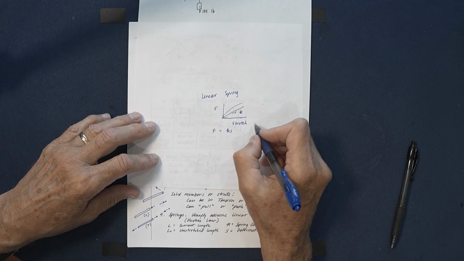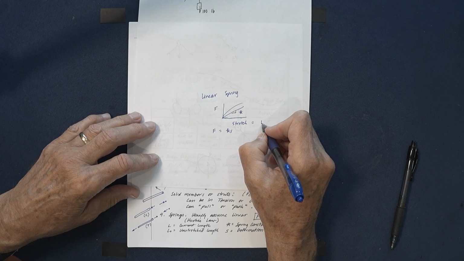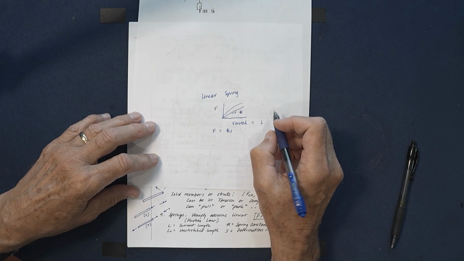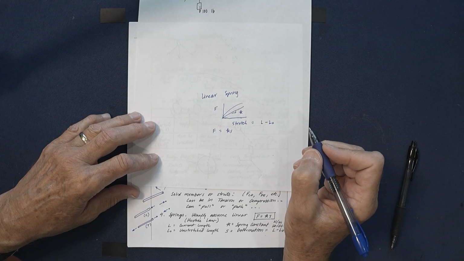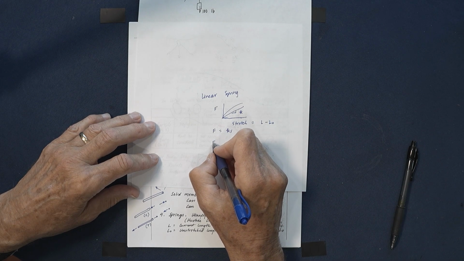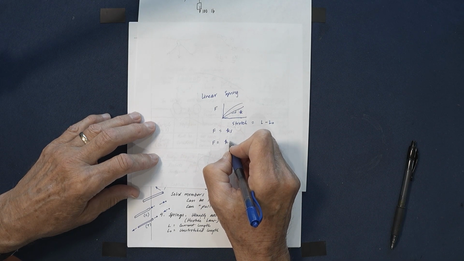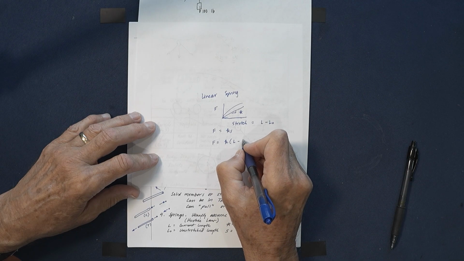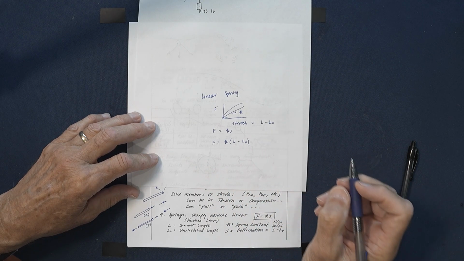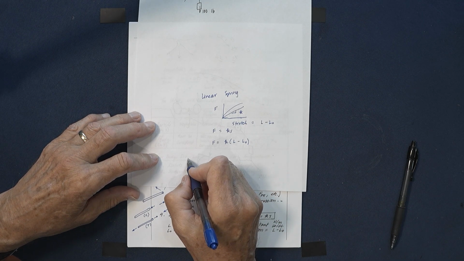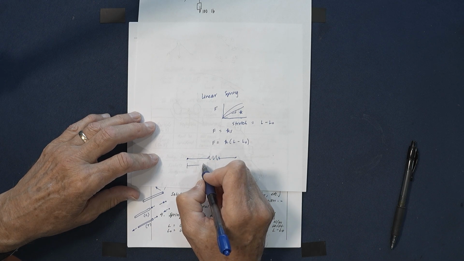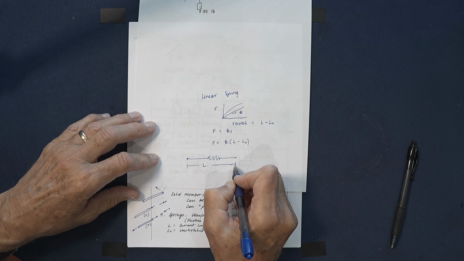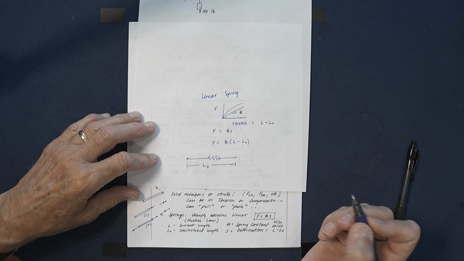But this stretch is equal to the current length of the spring minus the unstretched length of the spring. And so we can also write F is equal to K times L minus L naught. So this is a spring with an original length L naught.